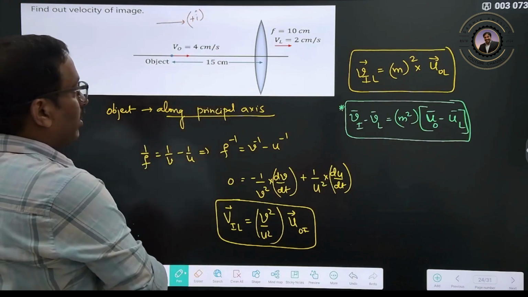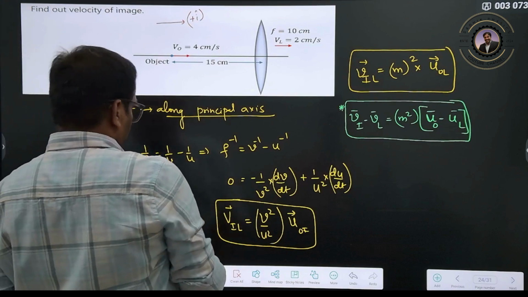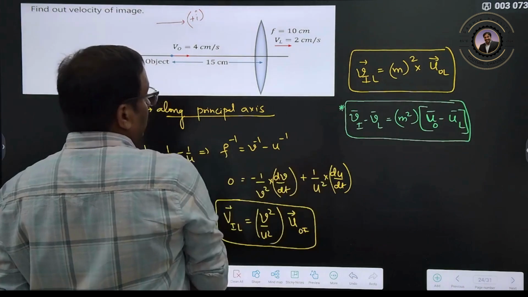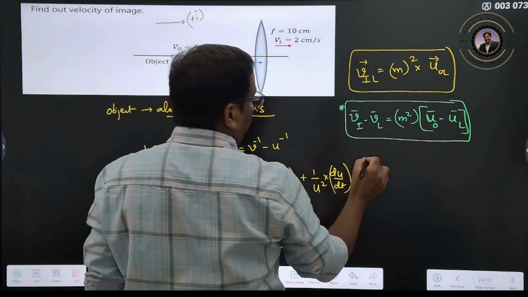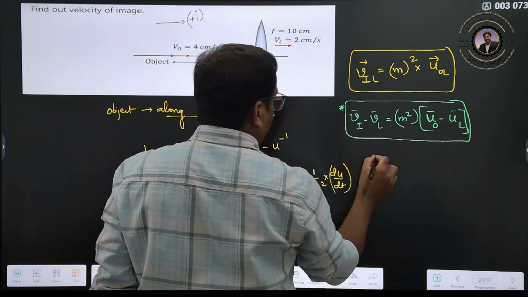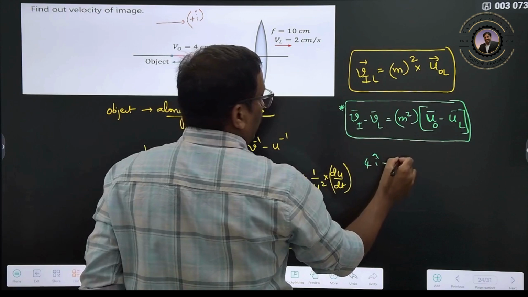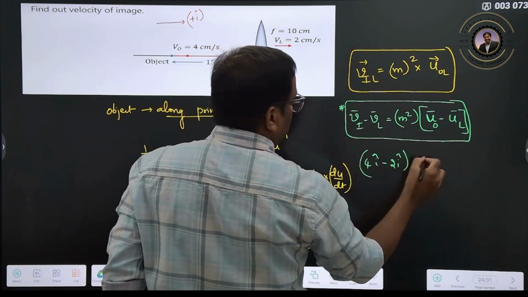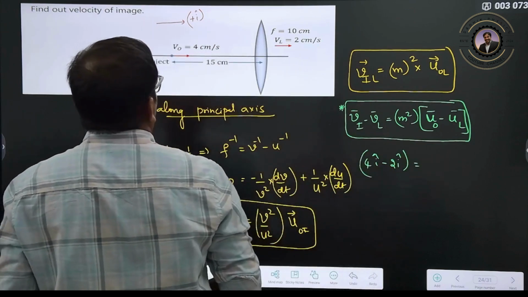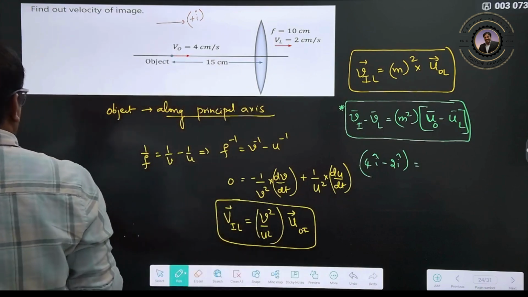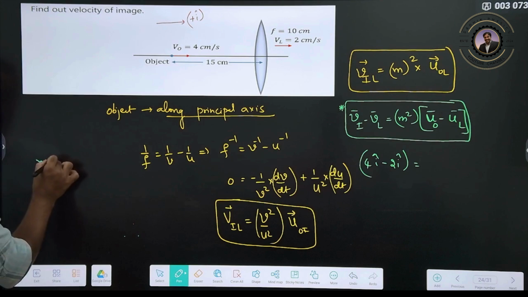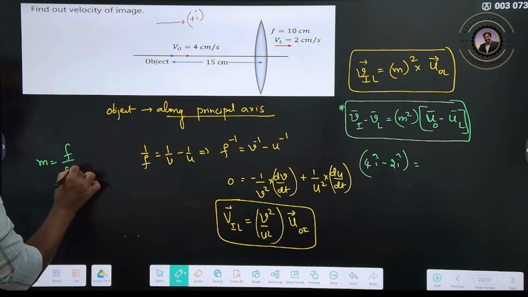Clear? Now, the velocity of the object is 4 i cap minus the velocity of the lens, which is 2 i cap. Magnification is given by the formula we wrote, f by f plus u.